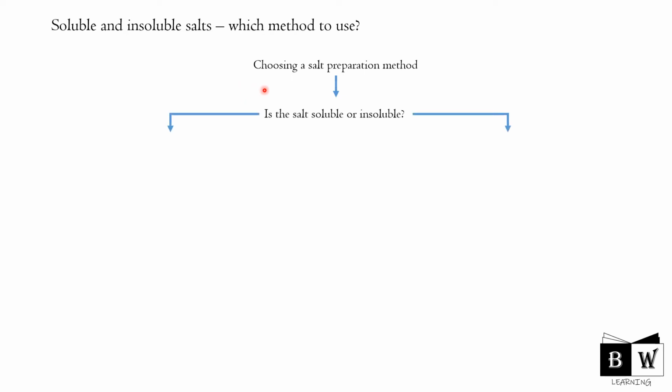The first question to ask would be, is the salt to be prepared a soluble salt or an insoluble salt? If it is a soluble salt according to the table that we see in the previous slide, the next question would be, are both the reactants soluble in water?